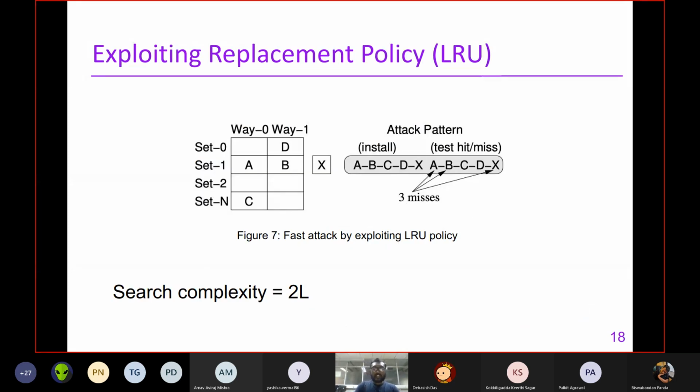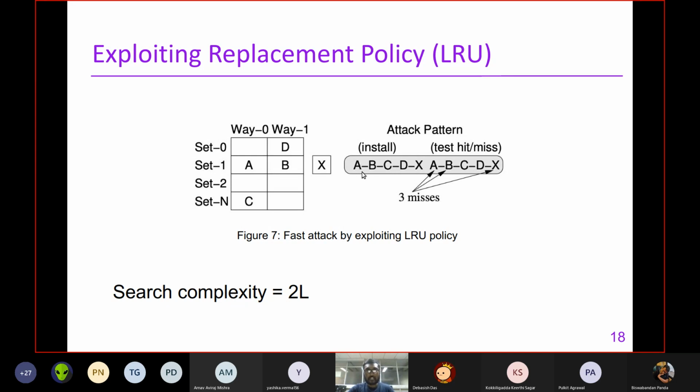Then the second strategy that the paper has proposed is to exploit the replacement policy. For example, if we know that the replacement policy is LRU, then we don't even need the GEM group elimination method, because if we provide a thrashing kind of pattern, then there will be misses, and so we install the lines in a particular order.